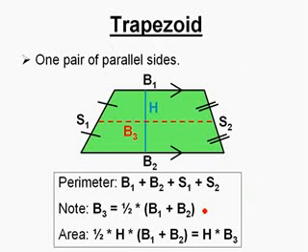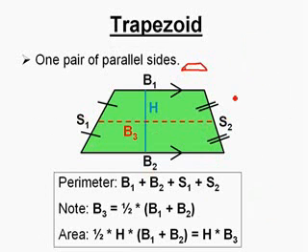Trapezoids. A trapezoid has one pair of parallel sides. So you can see that B1 and B2 are parallel. This is a standard example of a trapezoid. Often you'll see them where S1 and S2 are equal, something like this, but that doesn't have to be the case. S1 does not have to equal S2. They can, but that's a special case.